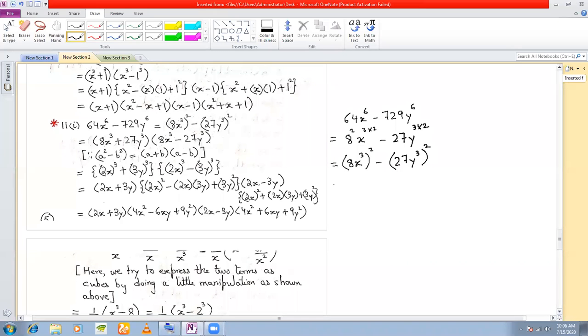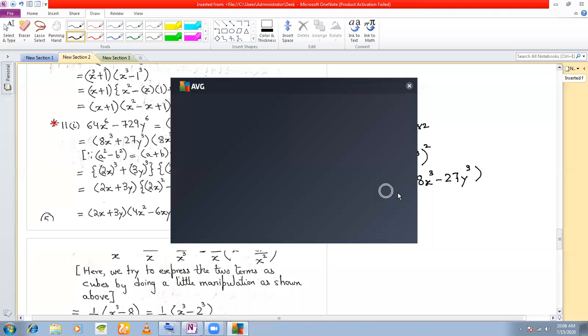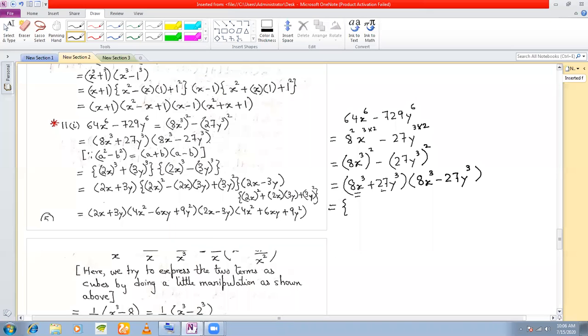So now this is a difference of 2 squares. So I write this as a plus b into a minus b. Now this is again a sum of 2 cubes.